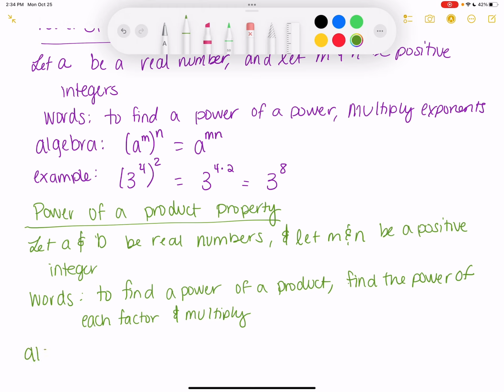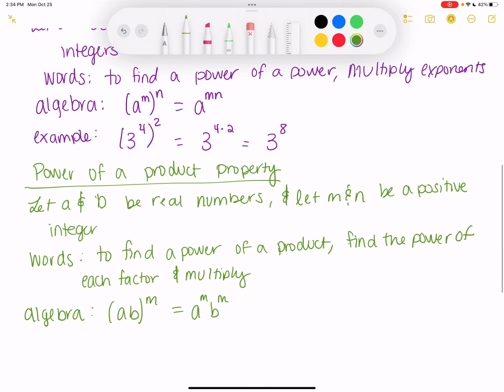So in algebra, this would be something like a times b raised to the m is equal to a to the m times b to the m. And what this would actually look like as an example, we would have something like 23 times 17 all raised to the, sorry, not to the m, to the 5.